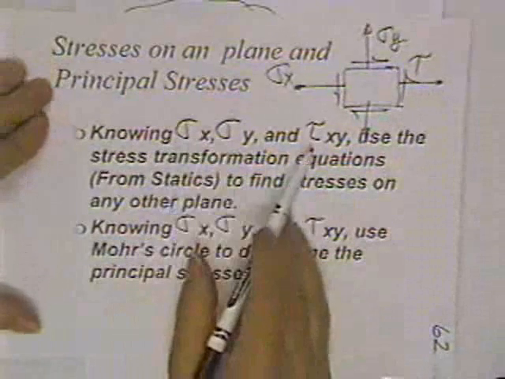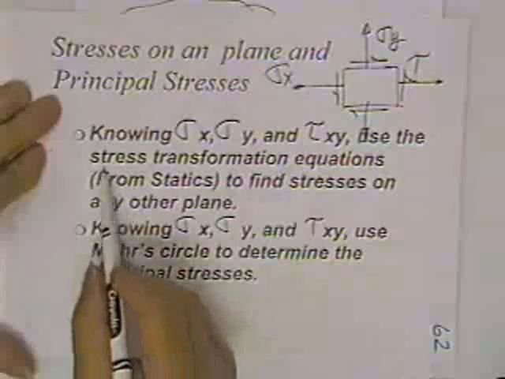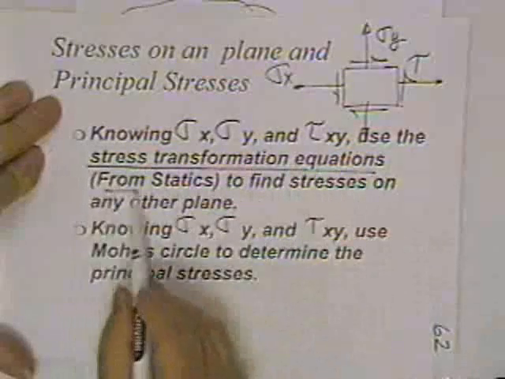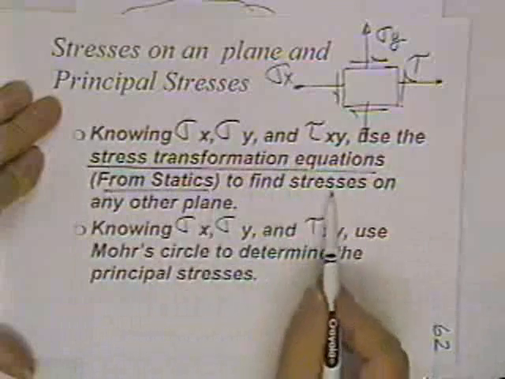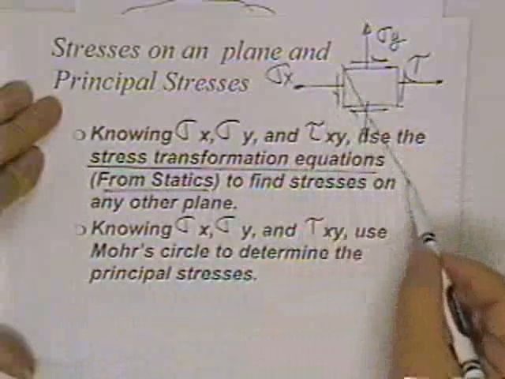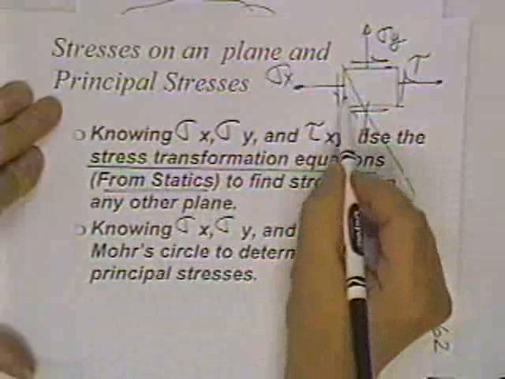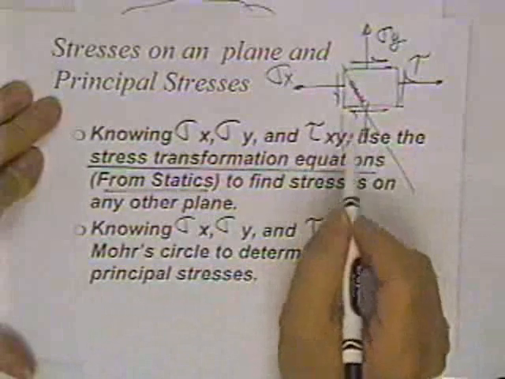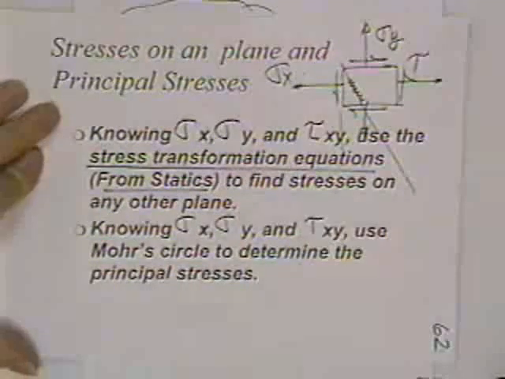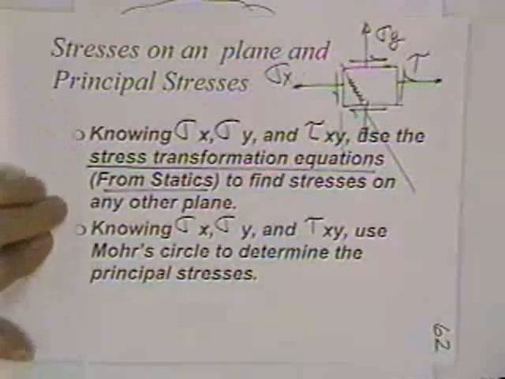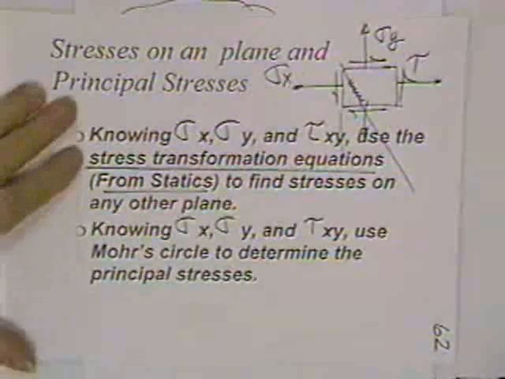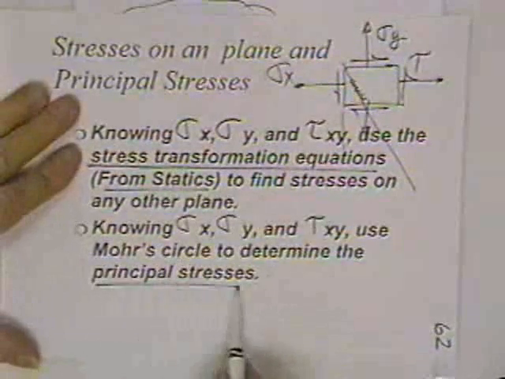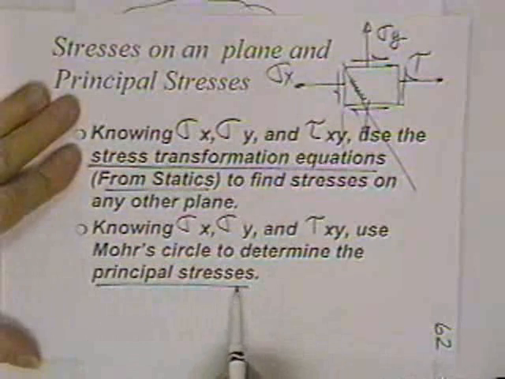But knowing the magnitude of those three stresses, you can use equations called stress transformation equations from statics, and you can find the stresses on any plane the boss wants you to. If he wants to find the stresses 30 degrees away from the vertical face, the stress transformation equations will let you do it. Also, it'll let you find the principal stresses, the biggest stresses.